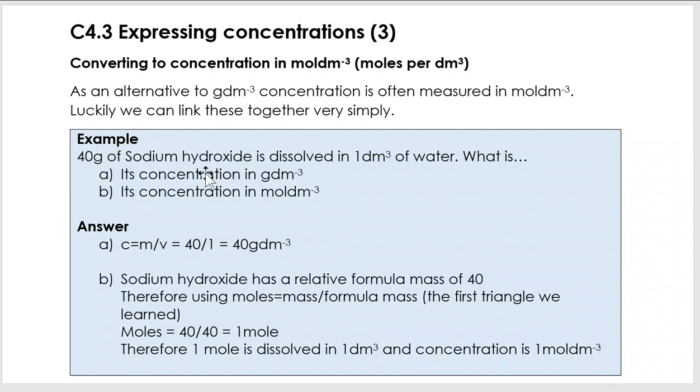So 40 divided by 40 means I've got 1 mole of sodium hydroxide in 1 decimetre cubed of water. So my concentration is 40 grams per decimetre cubed, but it's also 1 mole per decimetre cubed.